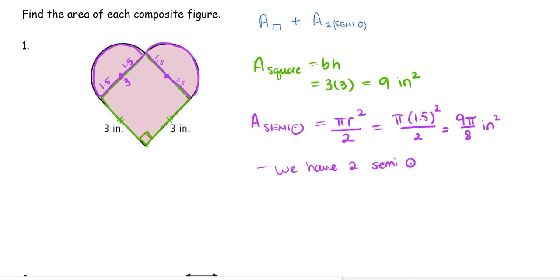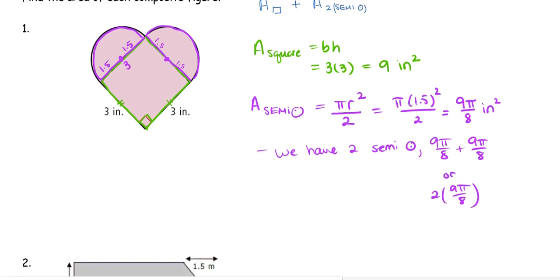So what we really could have done is take that area, add it twice, or we could have multiplied it by 2, or because I knew that I had 2 semicircles that had the same radius, I could have just done one circle to begin with, because I know that 2 halves make a whole. Anyway, in the end, the area of those 2 semicircles is going to end up being 9 pi over 4.